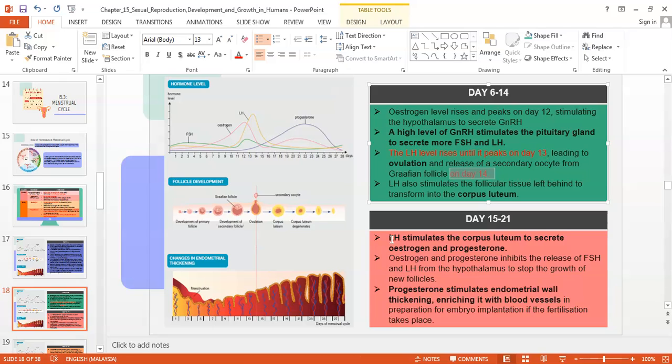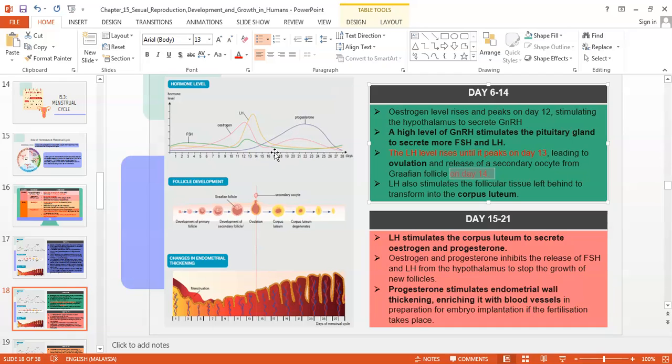Okay, and the estrogen and progesterone inhibit the release of follicle stimulating hormone and luteinizing hormone from the hypothalamus to stop the growth of new follicle. Okay, disebabkan corpus luteum ni release estrogen dengan progesterone, yang paling banyak sekali dia release adalah progesterone.